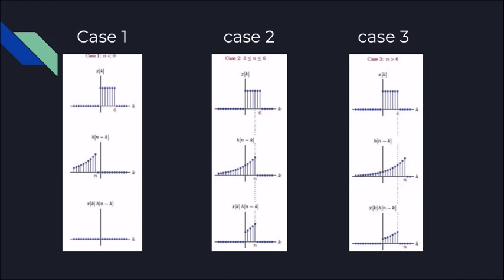Then after that we can try to see how every case works alone. We can start with case number one, when n is less than 0. When n is less than 0, there is no overlap between the two functions, and in this case the product equals 0 for all values of k.